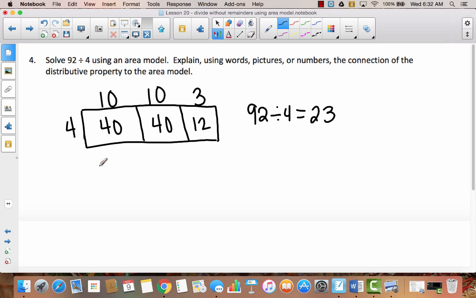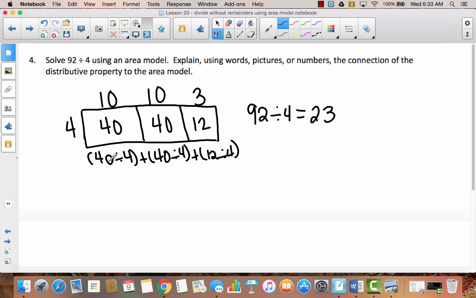So it says I can use words, pictures, or numbers to show the connection of the distributive property to the area model. So I think I'm going to use numbers. Whenever you're using the distributive property in division, it's how you are showing that you can break this number apart, divide it by 4, and put it back together. So I'm going to just show the distributive property, just like we were doing with our number bonds. So if I had 40 divided by 4 plus 40 divided by 4 plus 12 divided by 4.